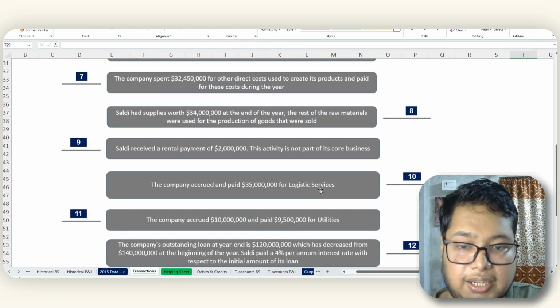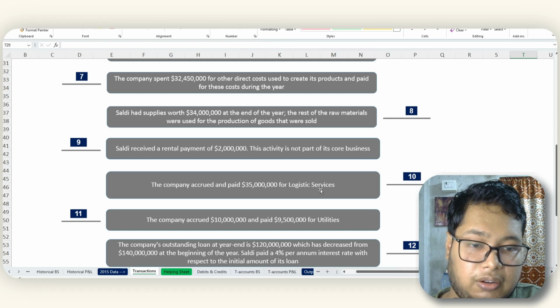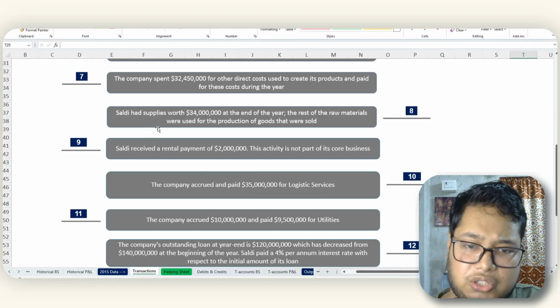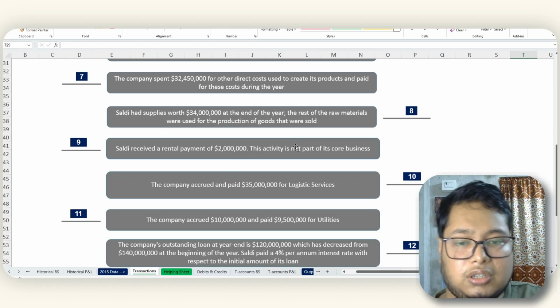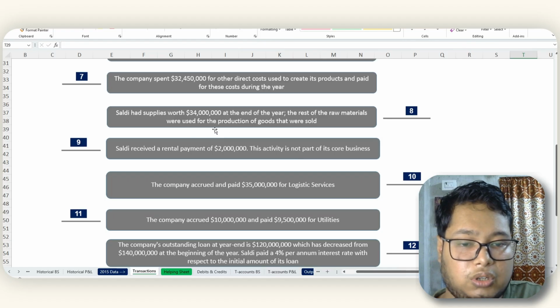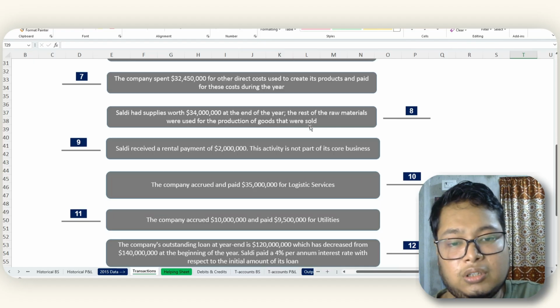Saldi had supplies worth 34 million at the end of the year. The rest of the raw material was used for the production of goods that were sold. Okay.